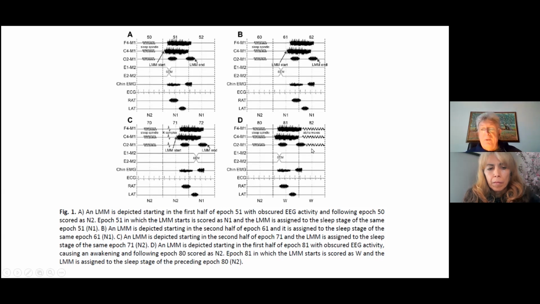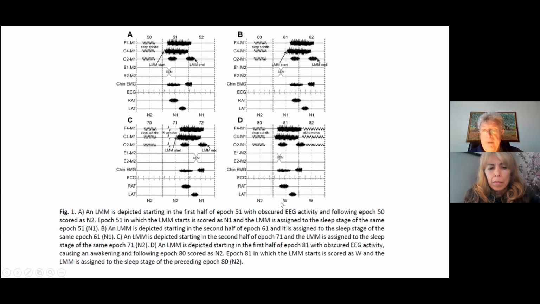But we go now to the example that I was referring to before. We have an LMM starting in this epoch. This epoch is obscured by the movements. Being obscured, and as a slow eye movement occurs in the first part of the epoch, following the ASDA manual it is assigned the stage wakefulness.